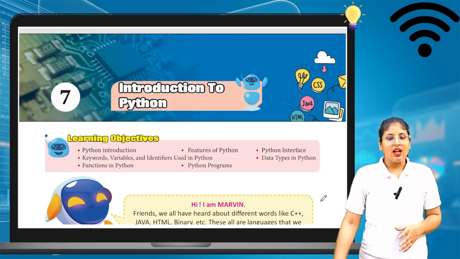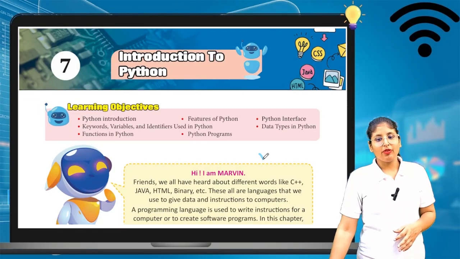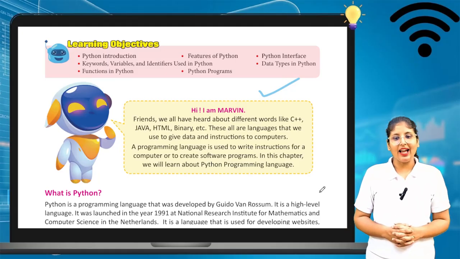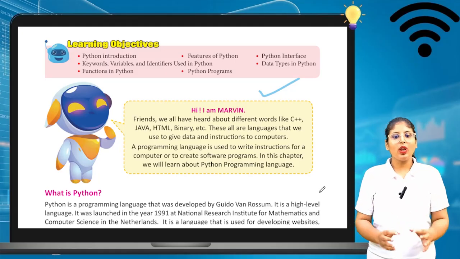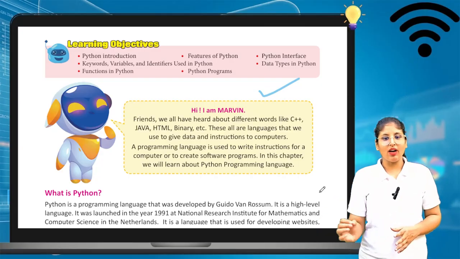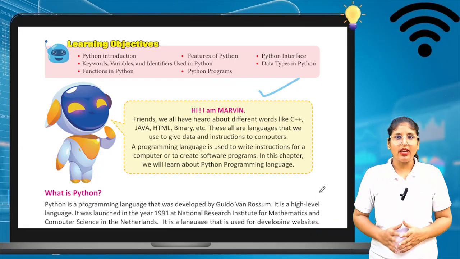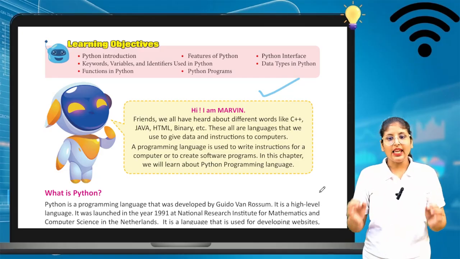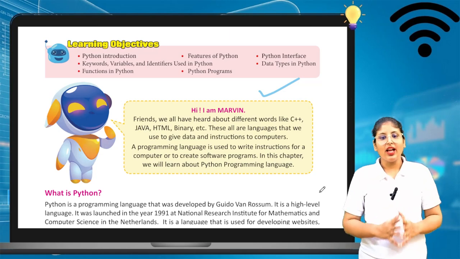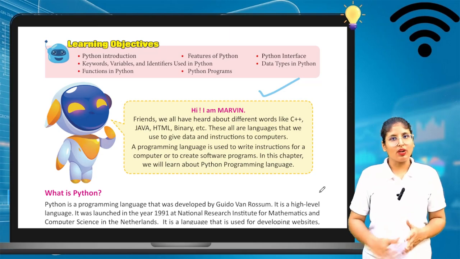Before starting, you have to meet your friend. Hi, I am Marvin. Friends, we have all heard about different words like C++, Java, HTML, binary, etc. These are all languages that we use to give data and instructions to the computer.